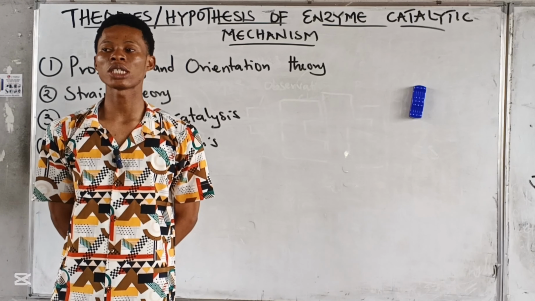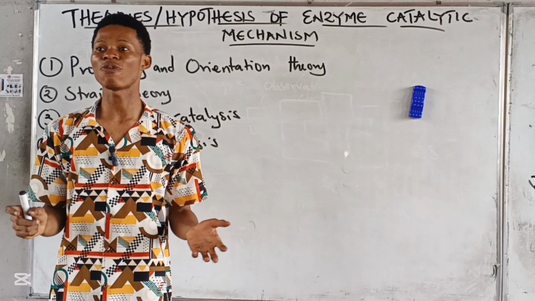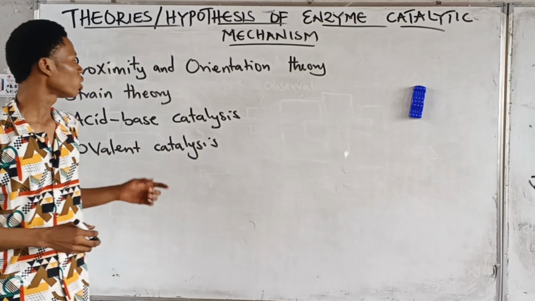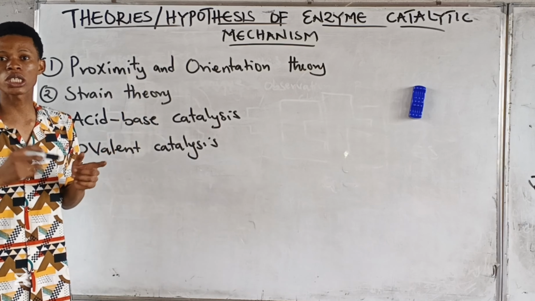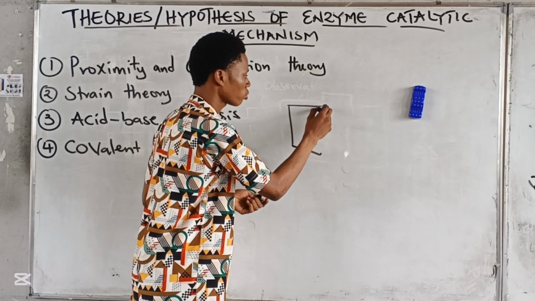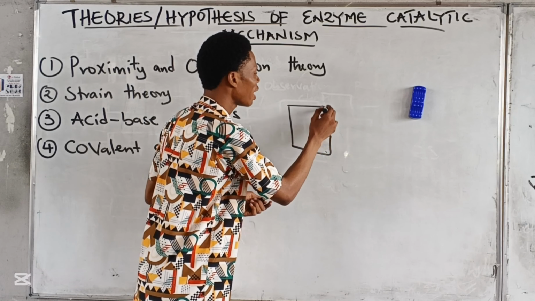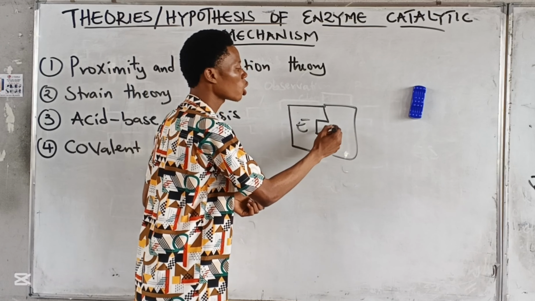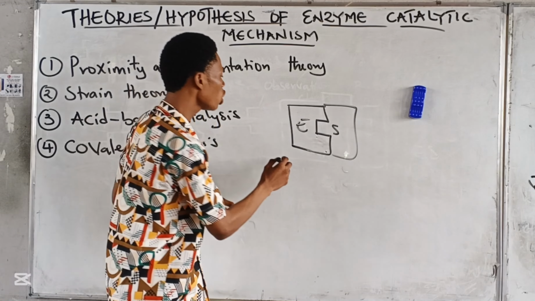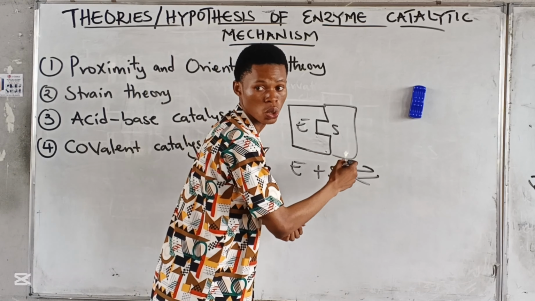In some places, you see it as a strain effect. So whether you see strain theory or strain effect, it is the same thing. Now, the strain theory proposes that if we have an enzyme here, and the substrate binds to the enzyme, what are we going to have?